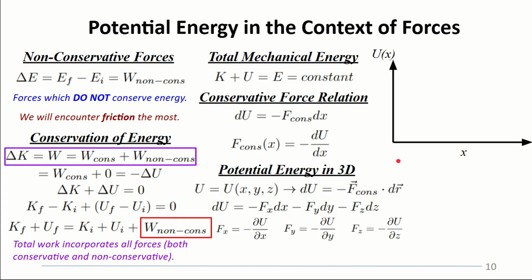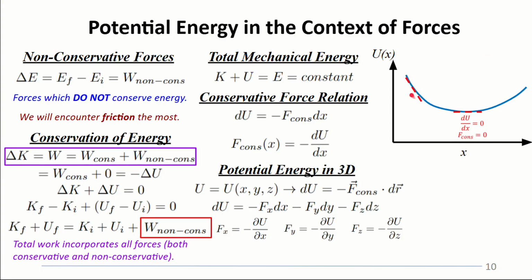And if we want to try to interpret what the force is going to be from a potential energy versus position graph, you'd take this bowl-shaped curve here. If you were to take a look at the bottom here, this bottom dotted line, you'd see that dU over dx is equal to 0, and that corresponds to a force of 0.